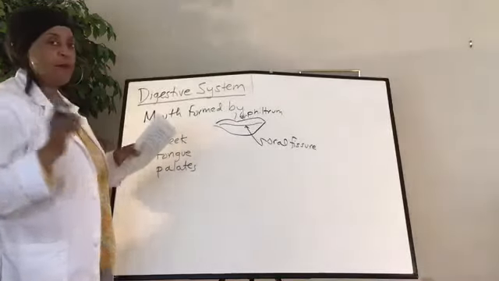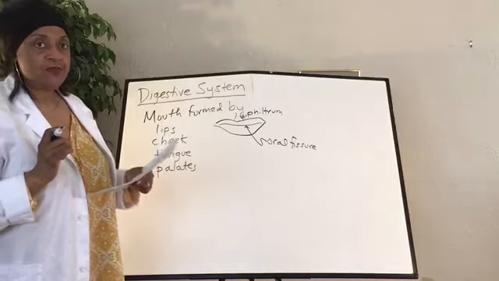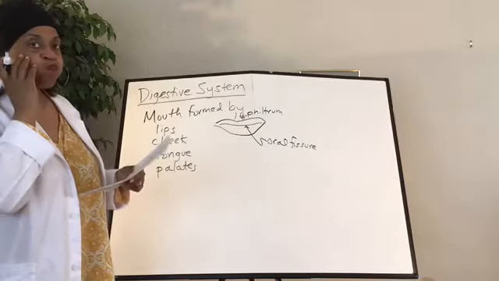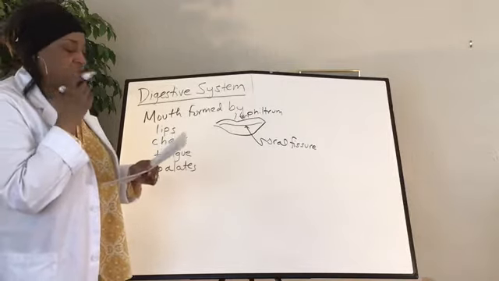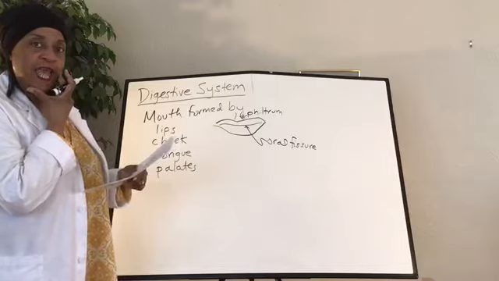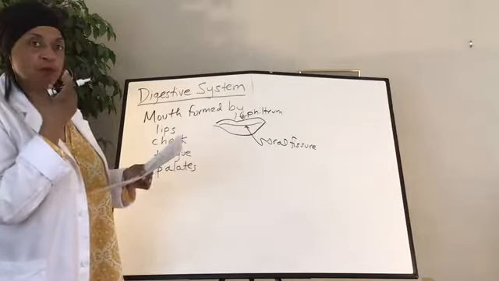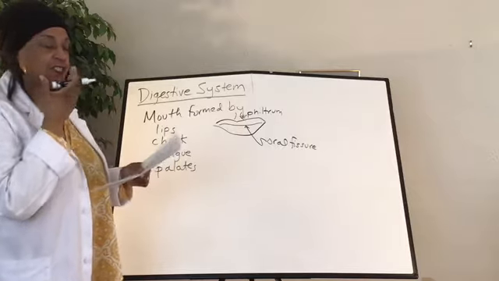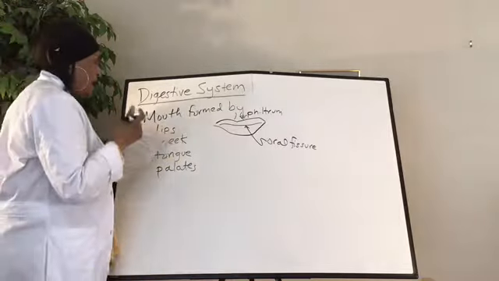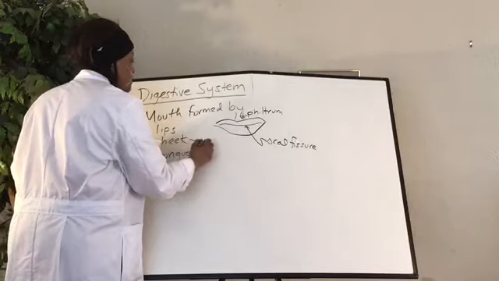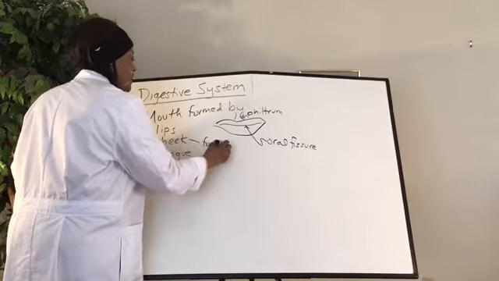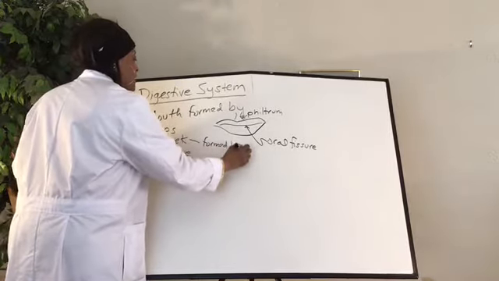Cheeks are formed by the buccinator muscle, and they're sandwiched between adipose or fat tissue. And then there's numerous mucus secreting glands in the cheeks. So the cheeks are formed by buccinator muscle.